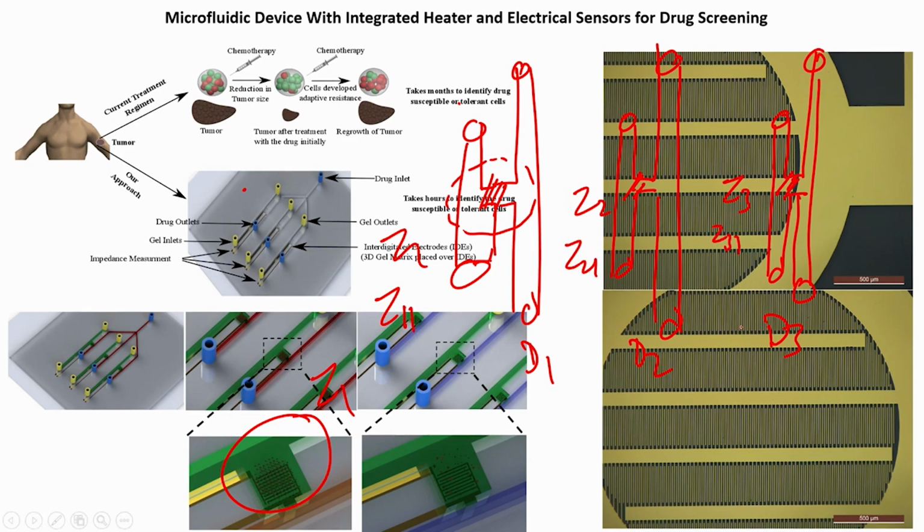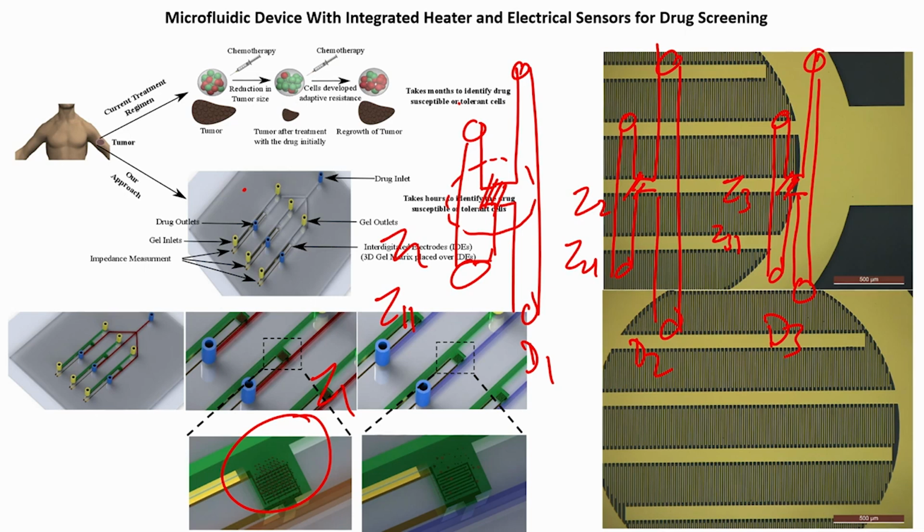The impedance would change based on the conductivity of the media. The conductivity of the medium would change if more cells die. Cell dying is called lysing, and when cells lyse, the conductivity would increase and impedance would decrease.